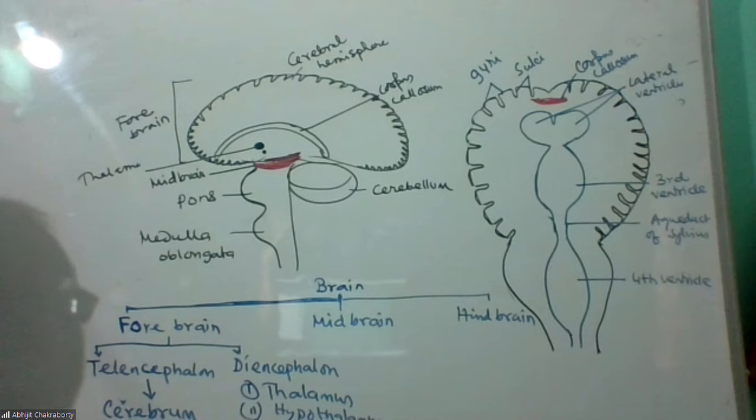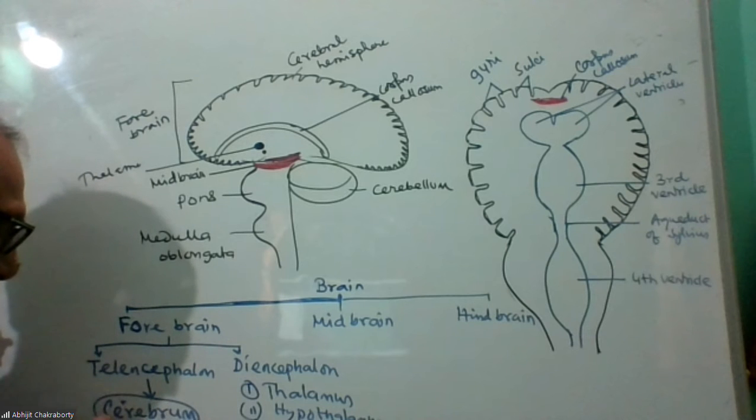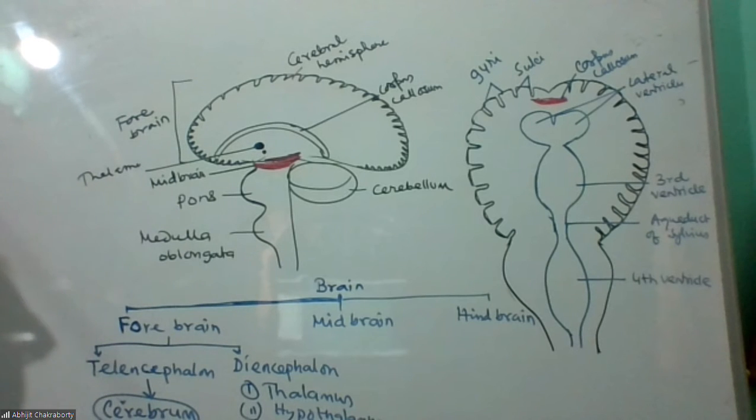Telencephalon includes cerebrum, diencephalon includes thalamus, hypothalamus, epithalamus, and metathalamus. Clear? Now, this is the cerebrum.